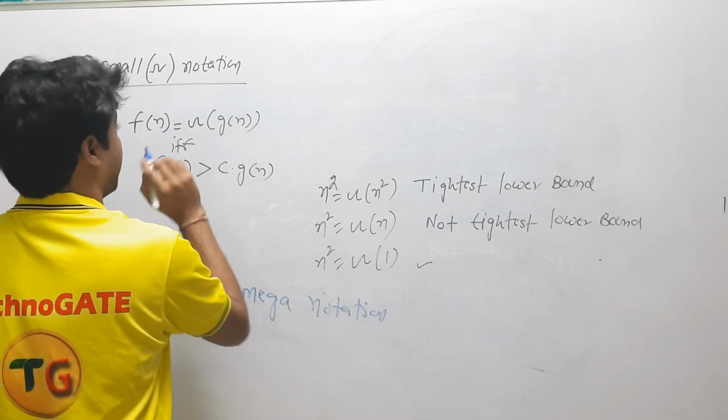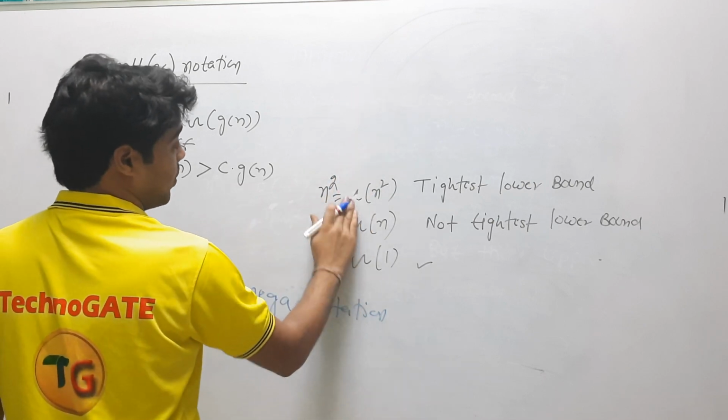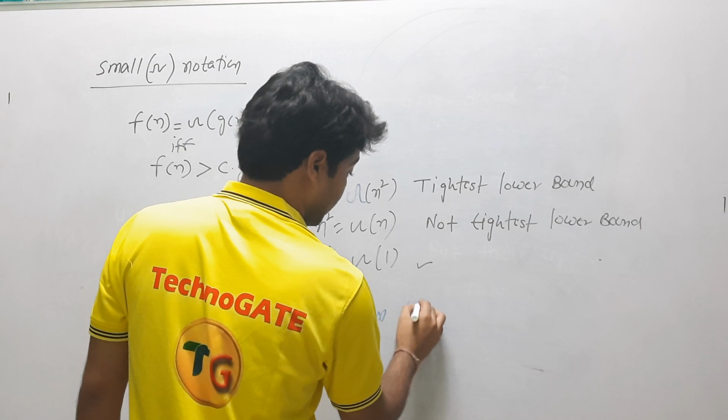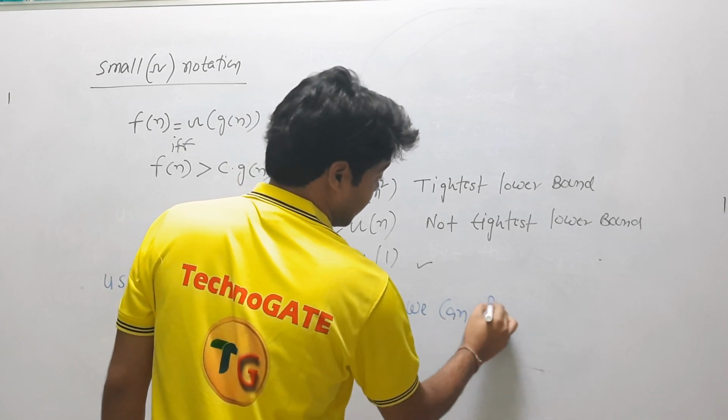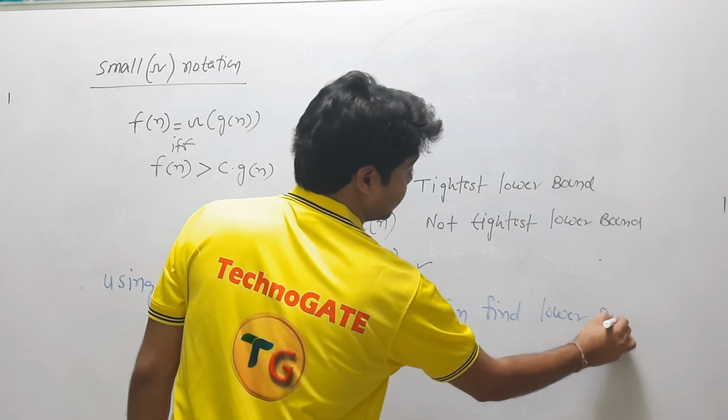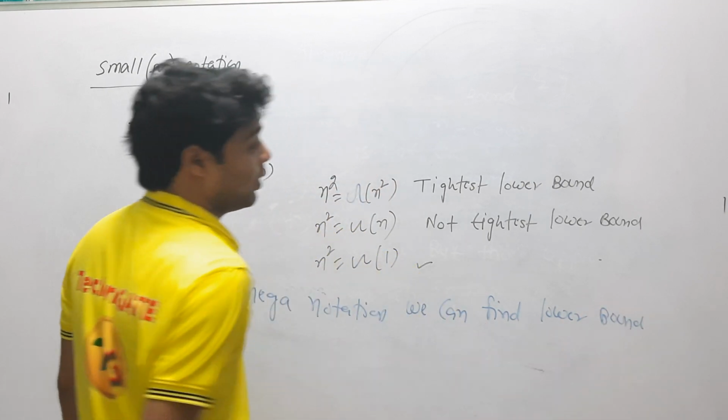This is the big omega notation. Using big omega notation, we can find the lower bound only.